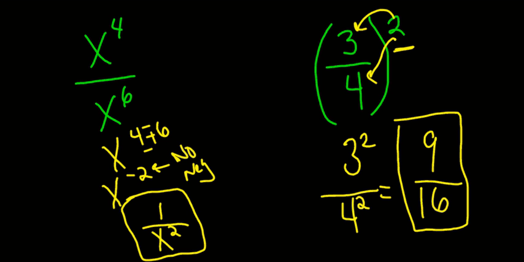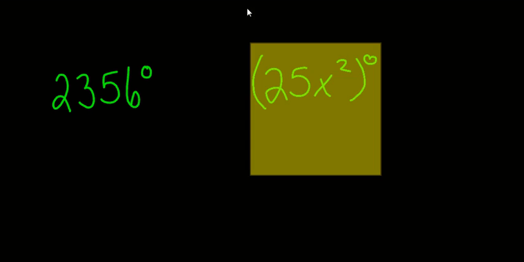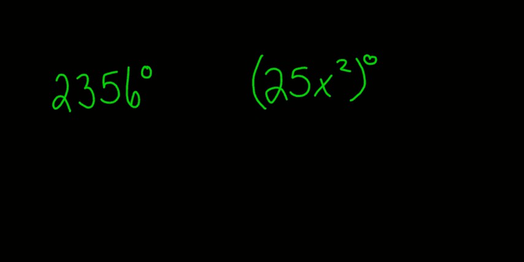Moving on, let's look at another rule that we need to know in order to simplify exponents. This one is one of my favorites. It is the 0 power rule. You gotta love these. You should get a tiny bit excited when you see something to the 0 power. You might even let out a woo, because when you get anything to the 0 power, it's just 1. So that's pretty sweet.